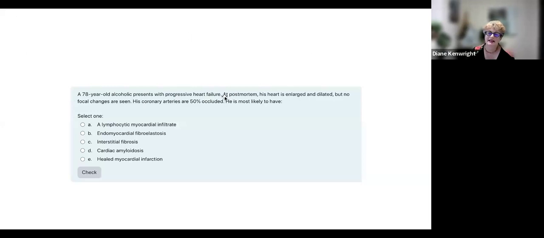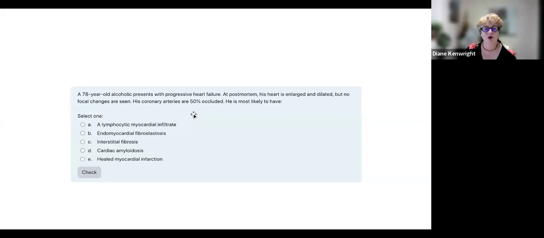His heart is enlarged and dilated, so we suspect he's got either alcoholic cardiomyopathy, or maybe he also has some coronary artery disease. But no, his arteries are only 50% occluded, and you only really get coronary artery disease at about the 70% occluded level. So although he does have some coronary artery disease, it's probably not due to that.